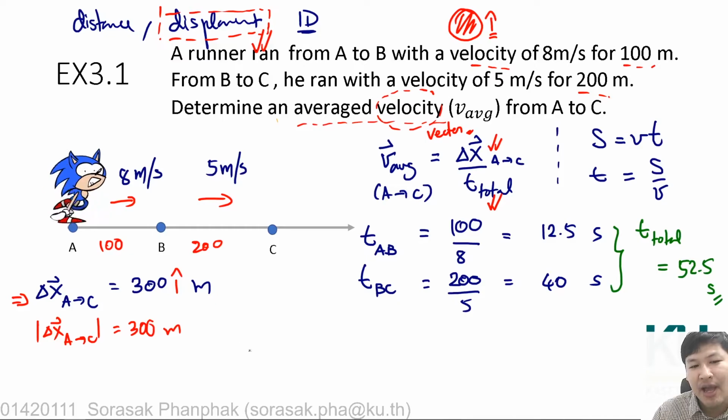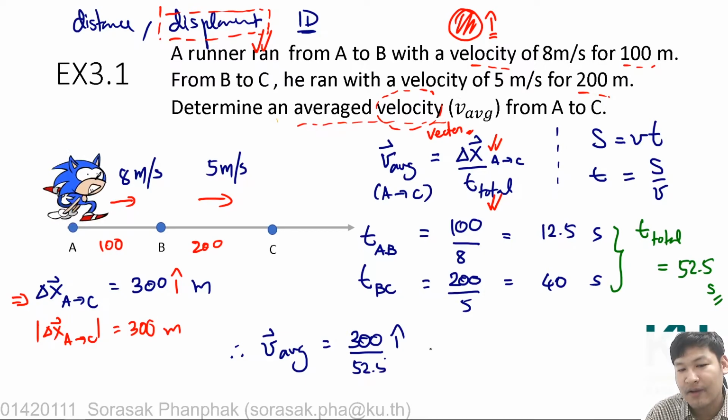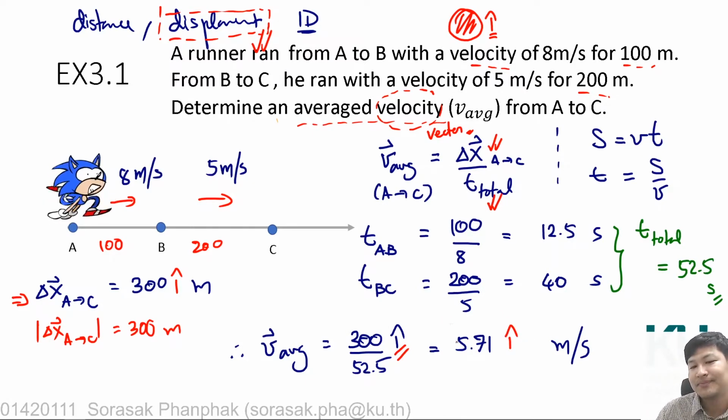So now you can find the average velocity. V avg is equal to the total displacement, which is 300 in the i direction, divided by 52.5. Finally you get V equal to 5.71 meters per second, and you already have the direction for it: the i direction.